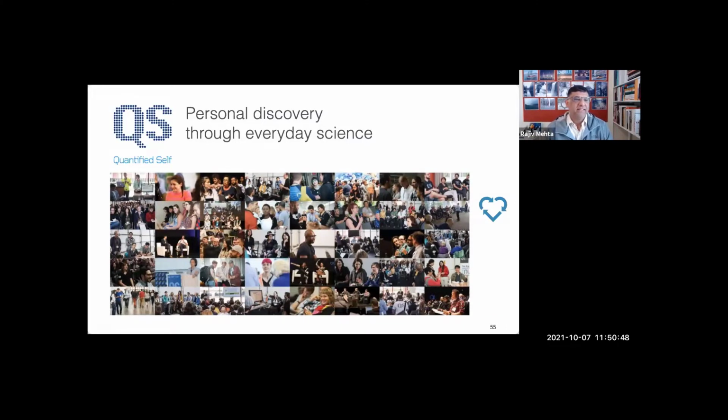One of them is this very loose-knit global community of people who explore ways to study their own lives and see what they might learn from it and develop tools and techniques for this. I've been part of this since our very first meeting in 2008. Some of Jan's colleagues have been very involved with this from the beginning as well. And this group of global innovators is really leading the way.